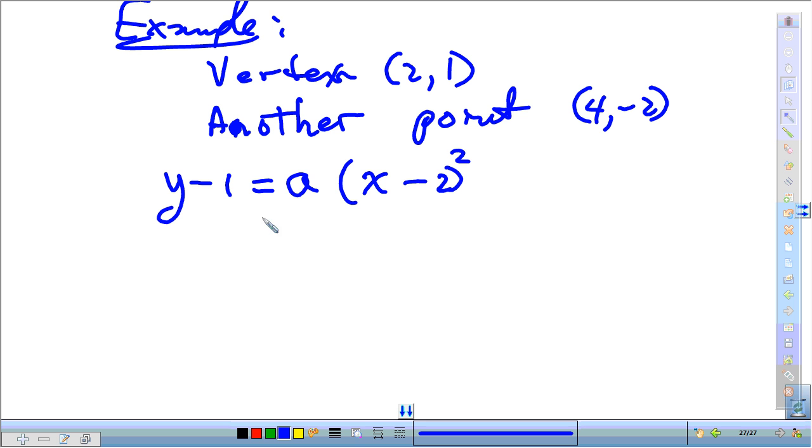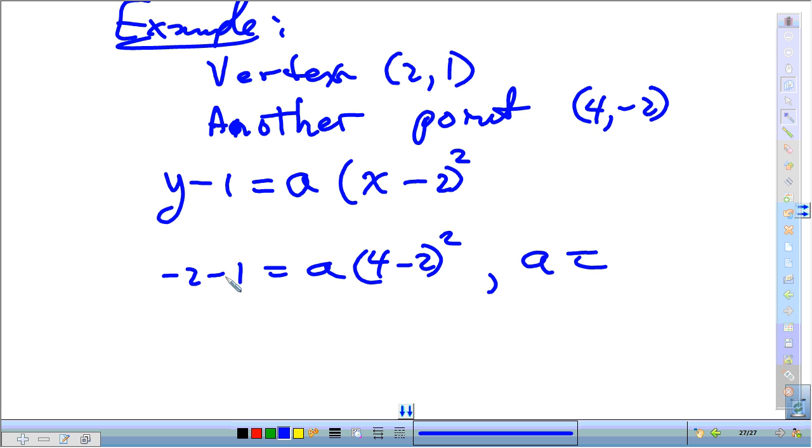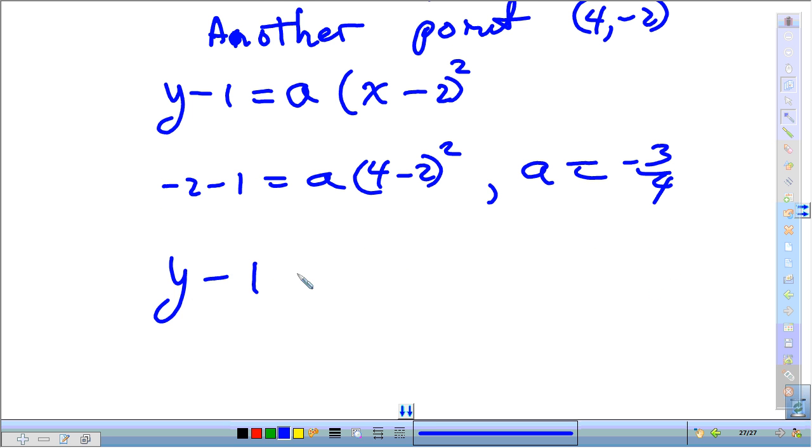And so to determine the a, we have the one more point, minus 2 for y, minus 1 is a, and the x coordinate 4 minus 2 squared. And so now a must have been this minus 3 divided by this 2 squared. So from knowing the vertex and one other point, I can reconstruct an equation for the parabola.